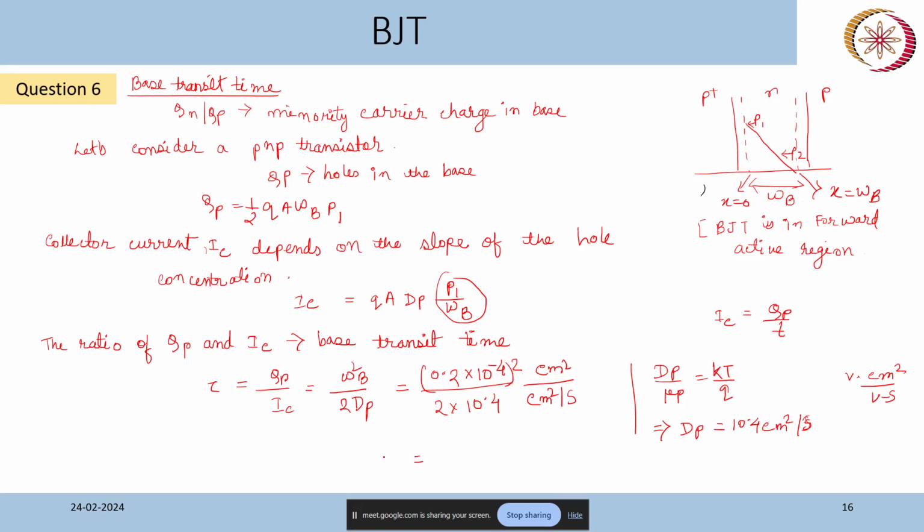So what will be the value here? Tau is 1.92 times 10 to the power minus 11 second.